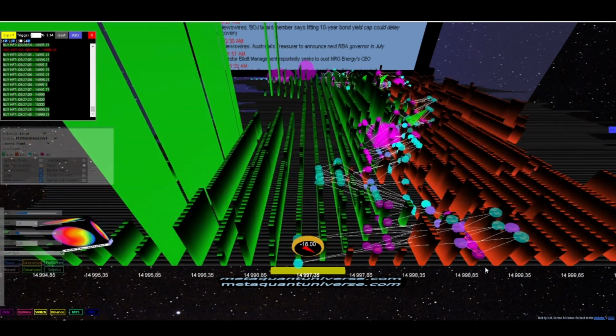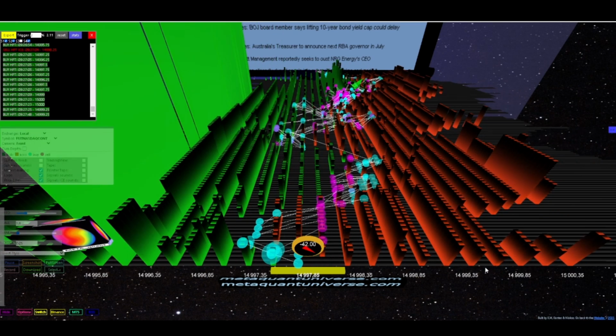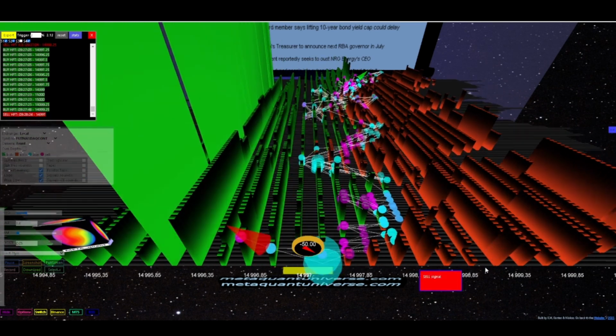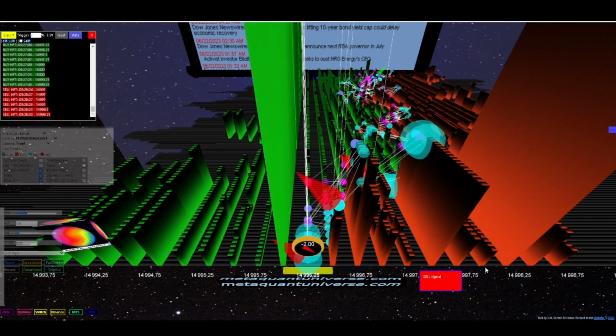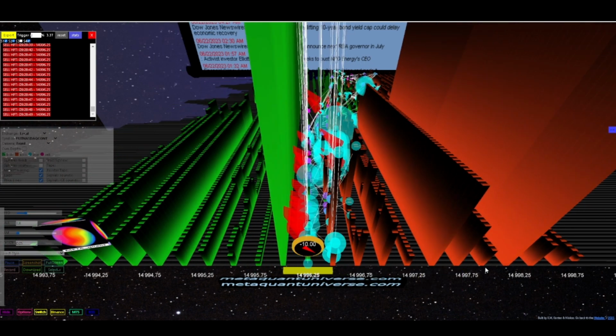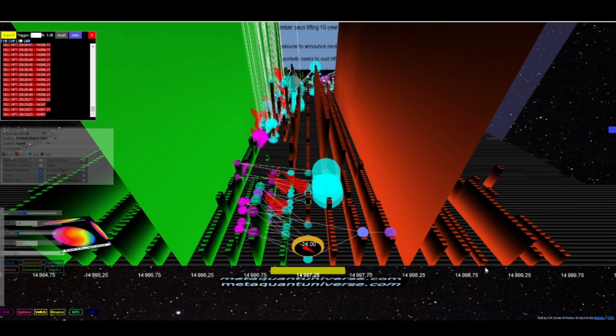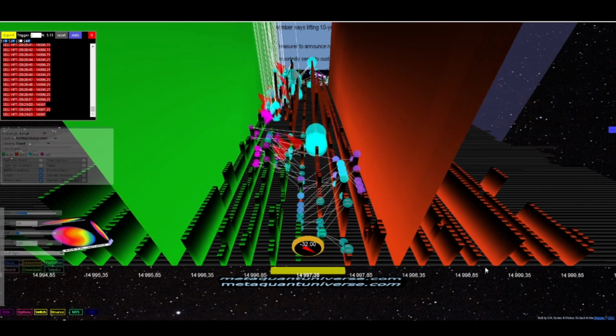This means you can see exhaustion within an upward price movement, or acceleration within an upward price movement. Just as you can see exhaustion within a downward price movement, or acceleration within a downward price movement.